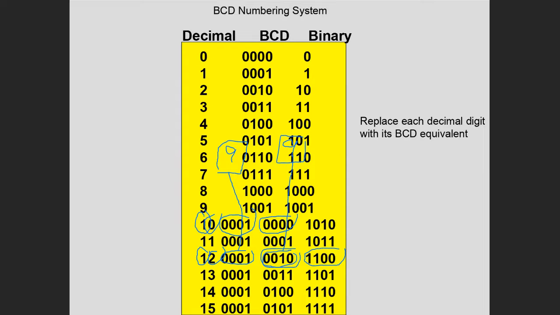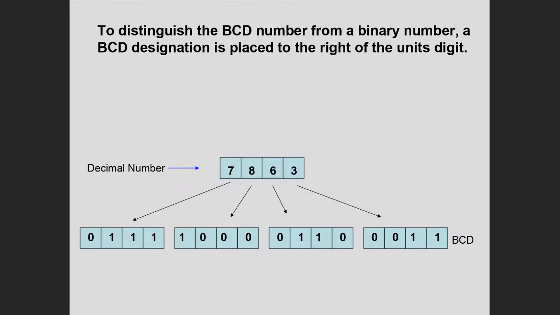So the difference between binary and BCD is binary is a weighted system. BCD is kind of a weighted system, but it's different because what you have to do is use 4 bits to express each single decimal digit. And so here's an example of a decimal number that I want to express using BCD.